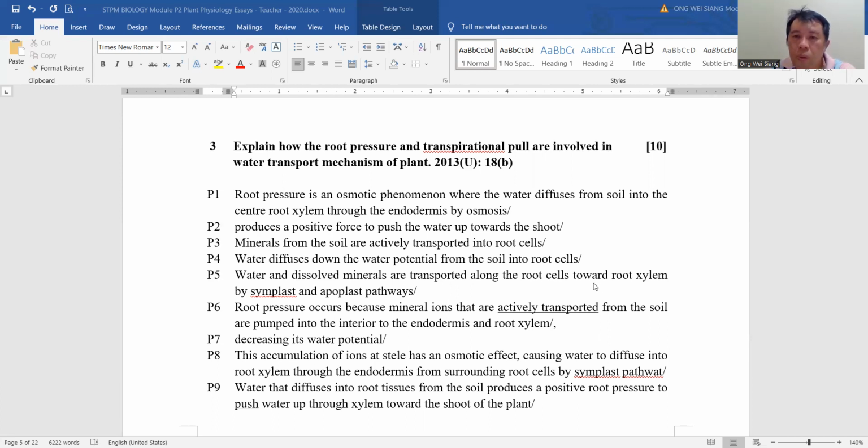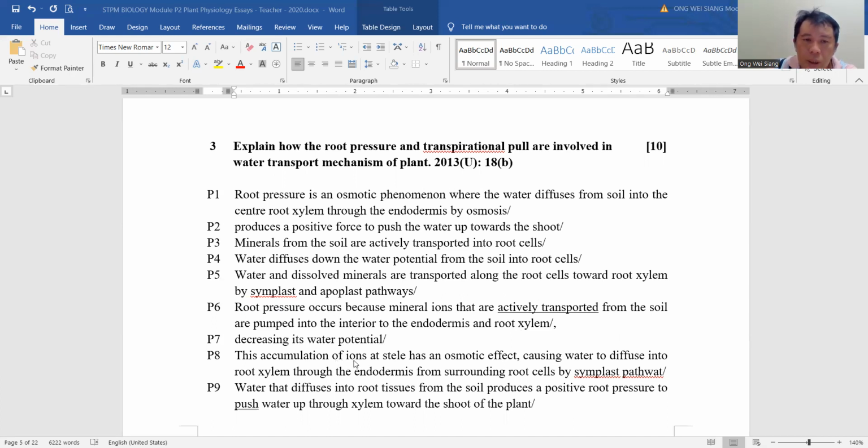Okay, and towards the root xylem by symplast and apoplast pathway. You can add another one, the vacuolar pathway. But the most important is symplast and apoplast pathway, and another is a transmembrane route. Root pressure occurs because mineral ions that are actively transported from the soil are pumped into the interior, to the endodermis and the root xylem, decreasing its water potential.